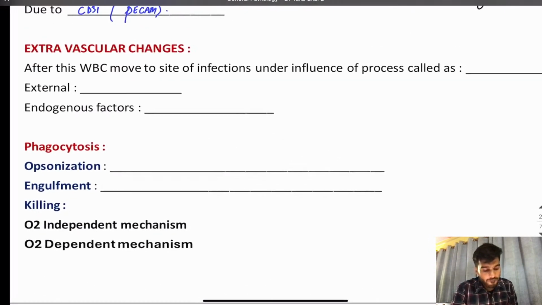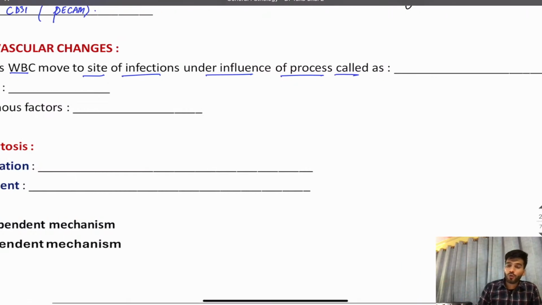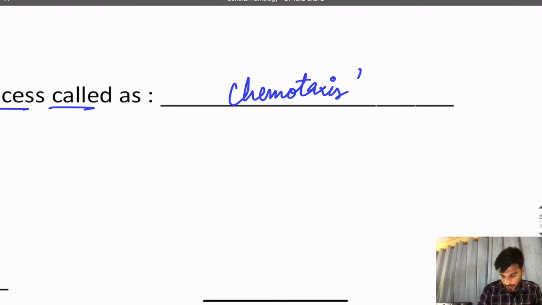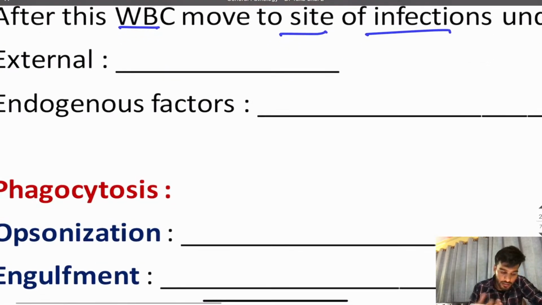Now the extravascular events. After this, when the WBC is out of the basement membrane, it moves to the site of infection under the influence of a process. What is this process when the WBC is out of the basement membrane? It is called chemotaxis.